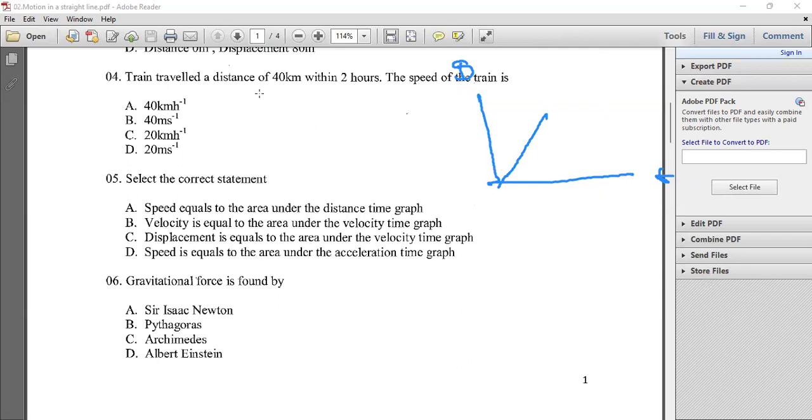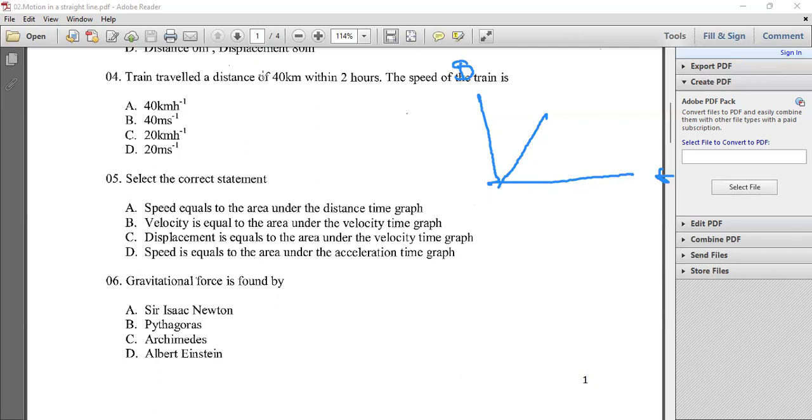Now if you can remember, in a velocity versus time graph, the area under the velocity versus time graph was equal to the displacement.